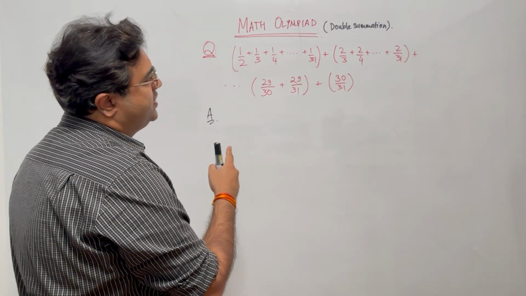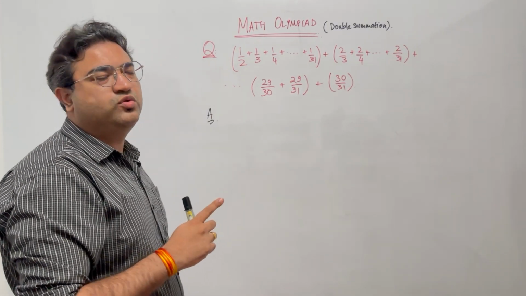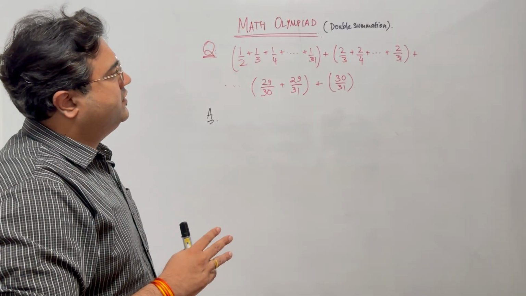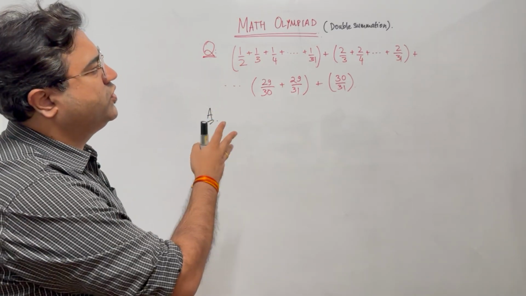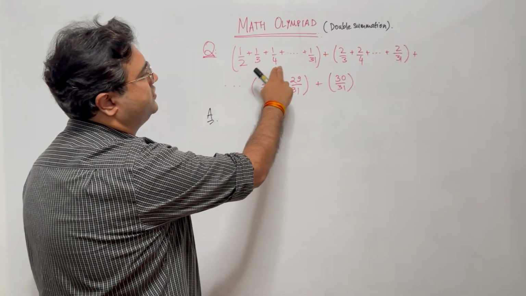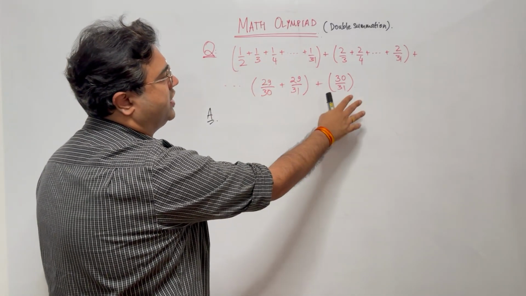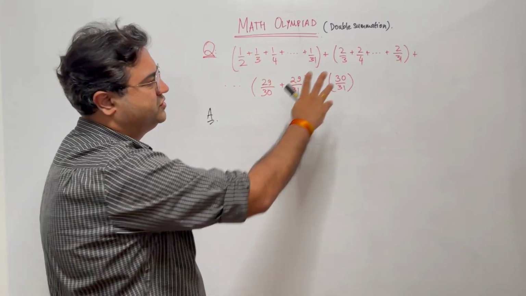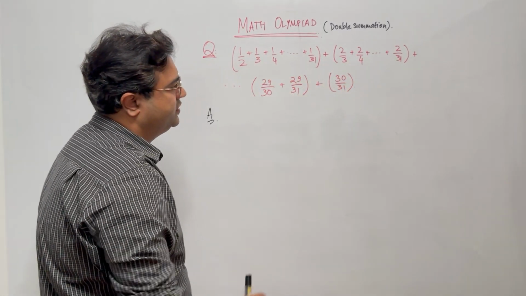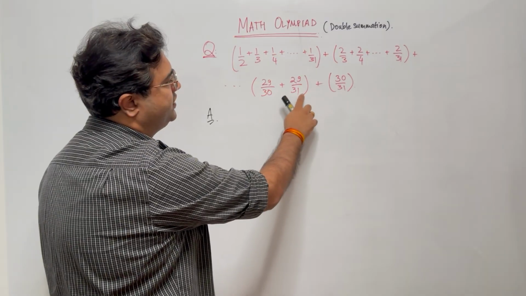Okay. So let's try to understand what we are seeing here. Let's go to the last term. From the first terms, we cannot say much, but from the last term, we have 30 over 31, and the next term, we have 29 over 31.